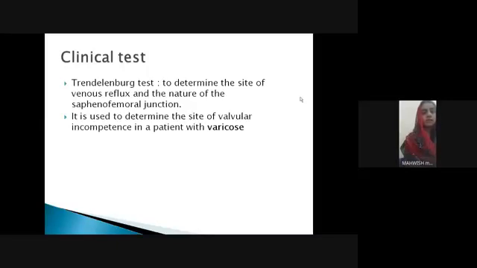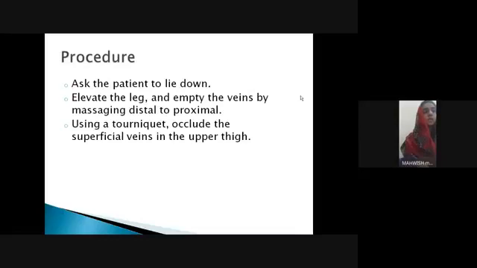And what is the saphenofemoral junction? The saphenofemoral junction is located at the saphenous opening within the groin and is formed by the meeting of the great saphenous vein, common femoral vein, and the superficial inguinal veins. Next, the procedure. How will we perform the Trendelenburg test?